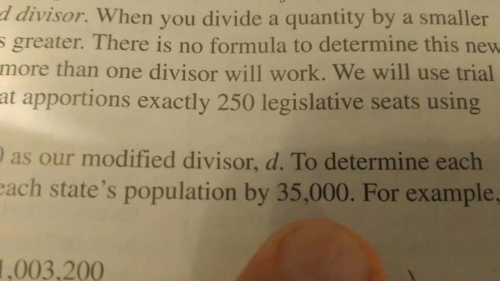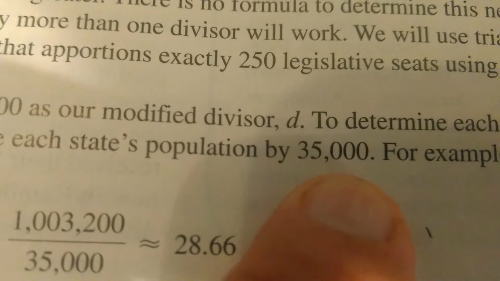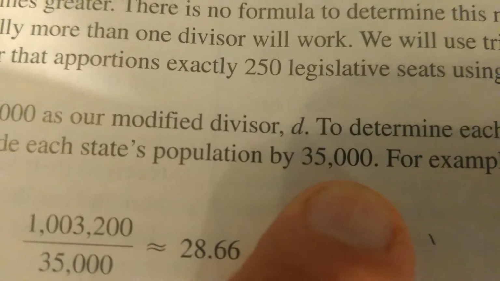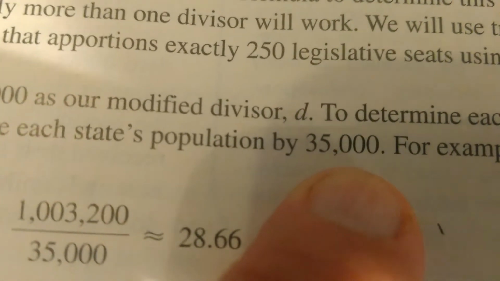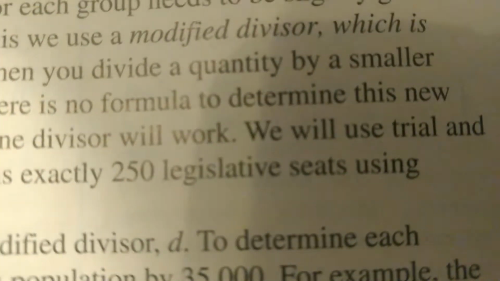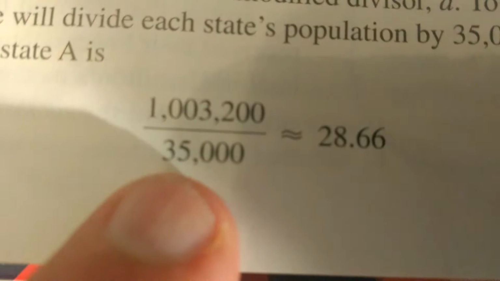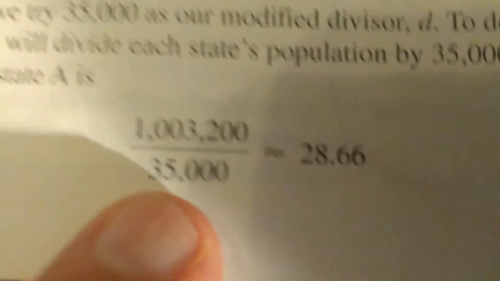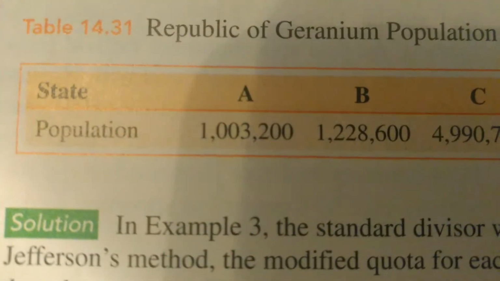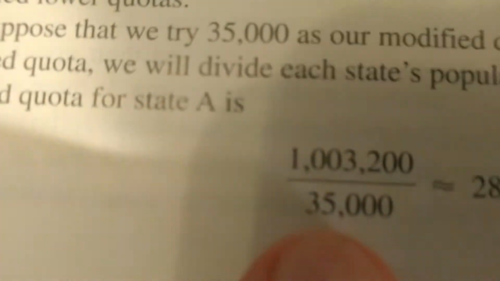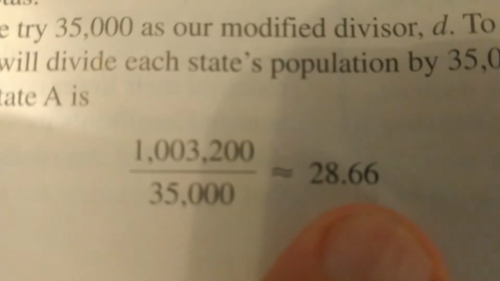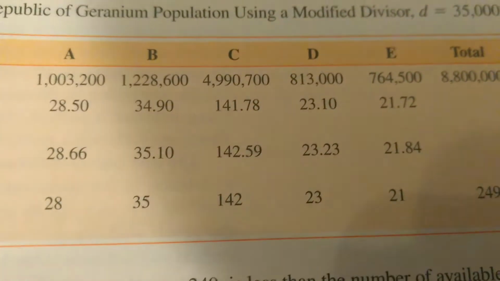And so what we're doing is we're going to keep dropping this down until we get our modified quota that will be exactly 250. So if I take 1,003,200, which is the population of state A, and divide by the 35,000, I get 28.66. And so over here on page 891 is this chart.